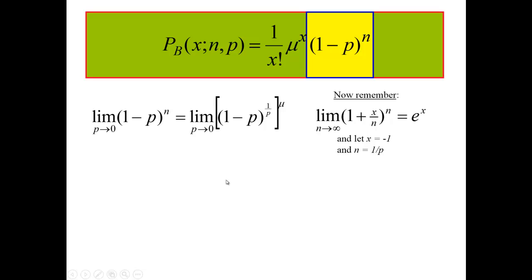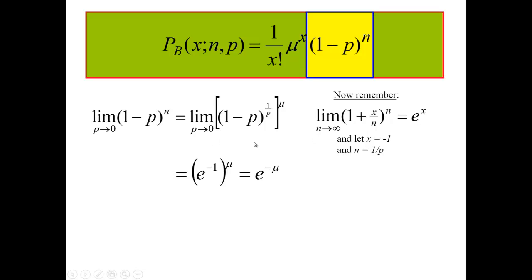So all we have to do to use this expression that evaluates e to the x is let x equal to minus 1 and let n be 1 over p. And if we plug both of those into this expression here, it gives us back exactly what we have over here that we're trying to evaluate. So what this becomes, if x is equal to minus 1, right, then we get e to the minus 1.